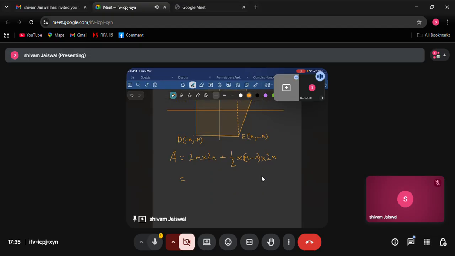This will simplify to 4mn plus m square minus mn. This will give us m square plus 3mn. Tell me, is it clear? Yes, sir. Soham, have you understood?